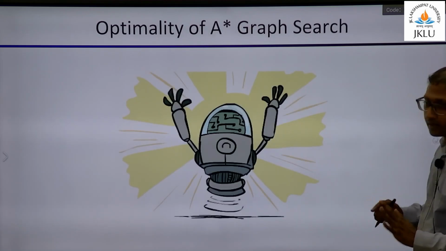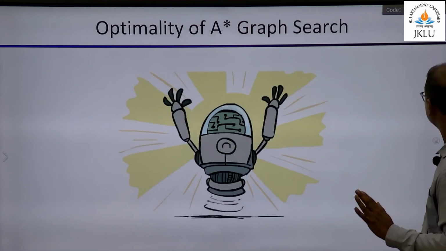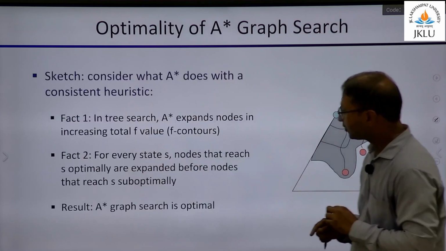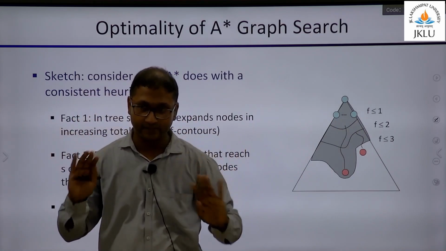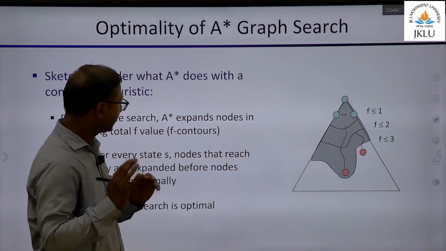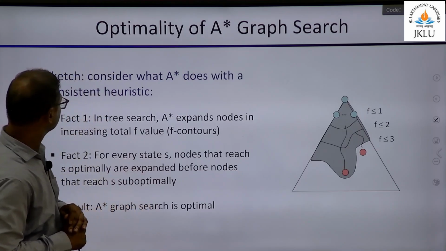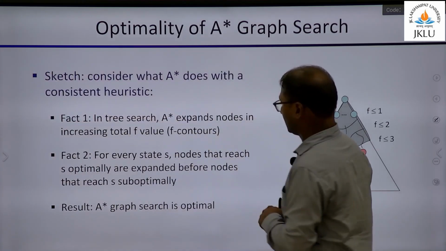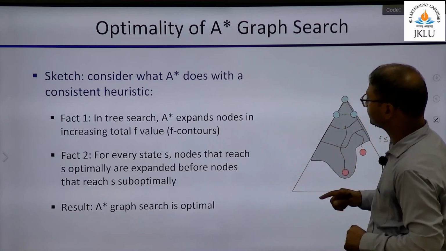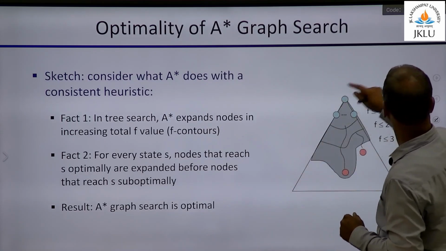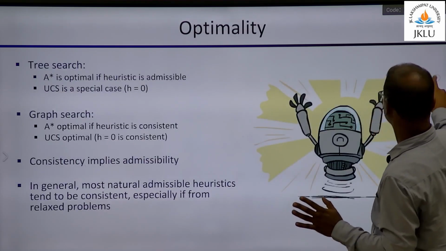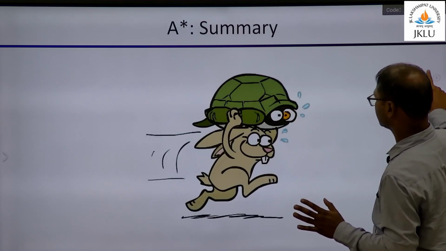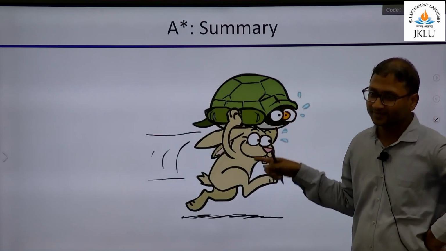So A star graph search is also optimal, and like many of you suggested, why do we go again and again to the same state, right? That thing is now gone. You don't need to visit a state more than once. All right, so you can do that same thing again that we had done in the class. Okay, this is the right thing now.